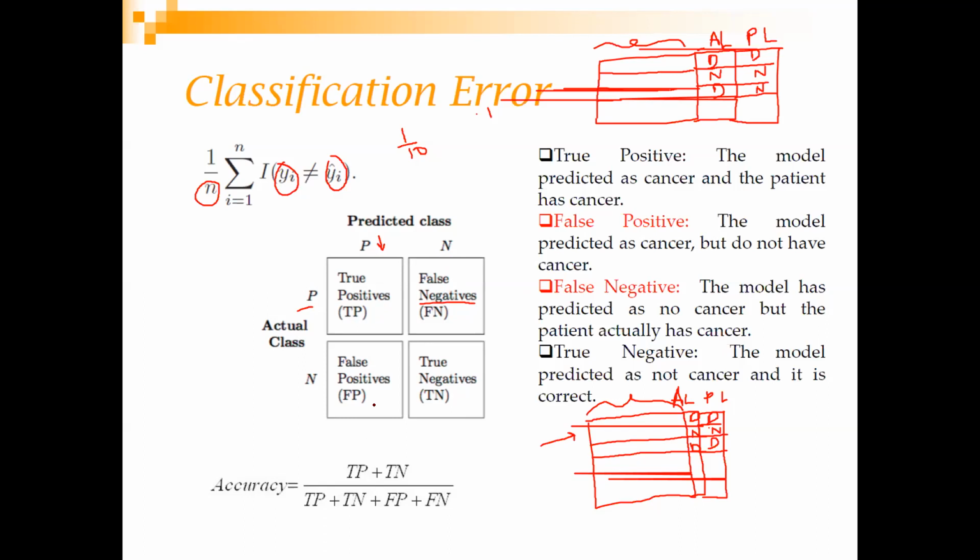Similarly, here the person doesn't have COVID, but you have predicted him to have COVID. Again, the second part comes from the prediction. So you will call this positive, but it is a false positive.